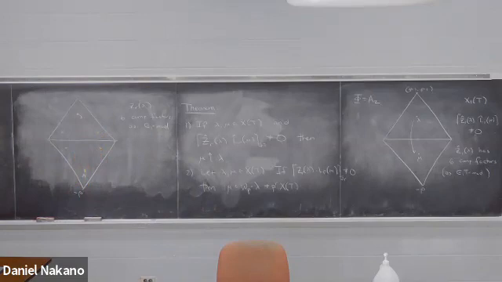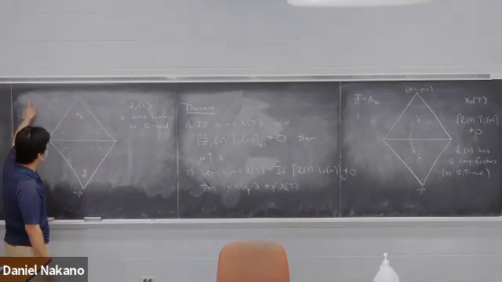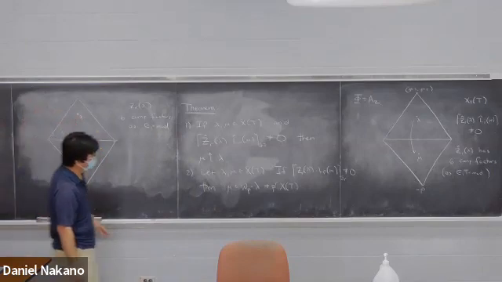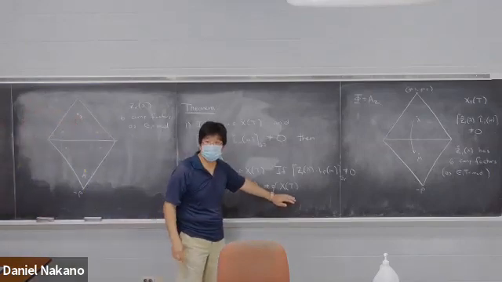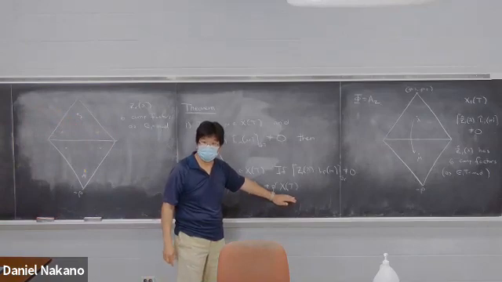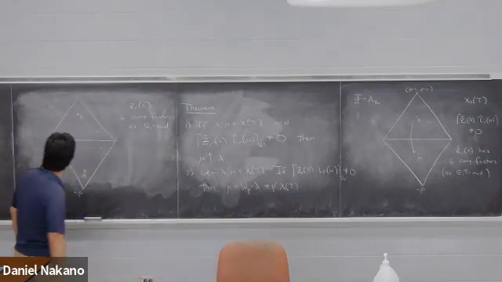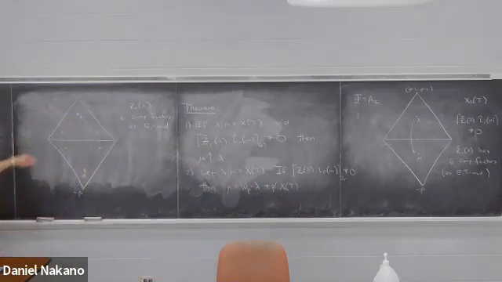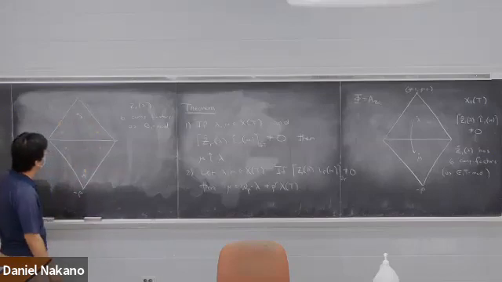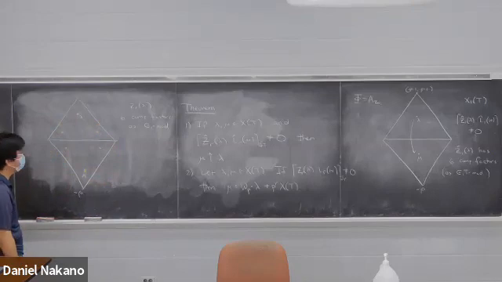You can reflect across here and then pull things back under the action of the affine Weyl group. That's the point. So these are the 6 composition factors inside of this module Z1. Any questions on this?